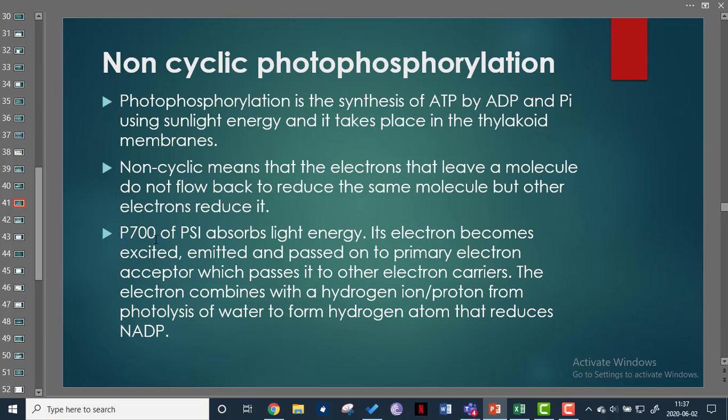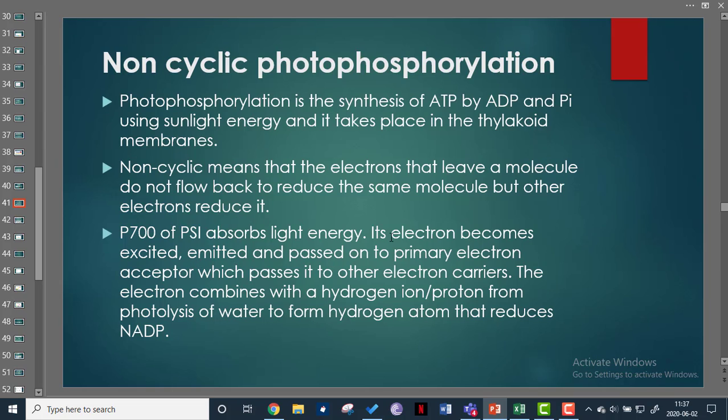So when you look at the P700 of photosystem 1, it absorbs the light energy, and once it absorbs the light energy, the electrons become excited, they get released or emitted, and they are passed to the primary electron acceptors.